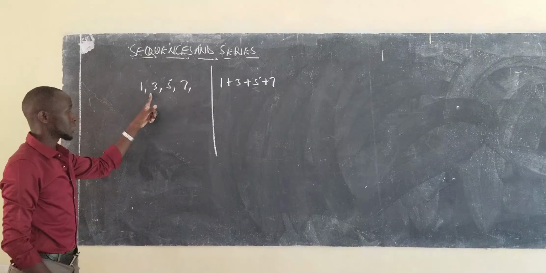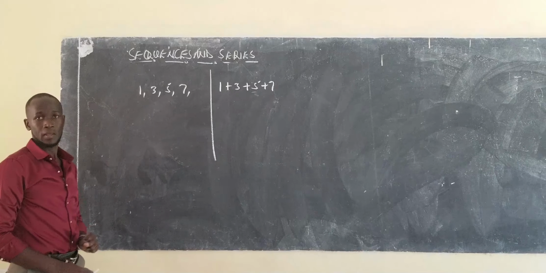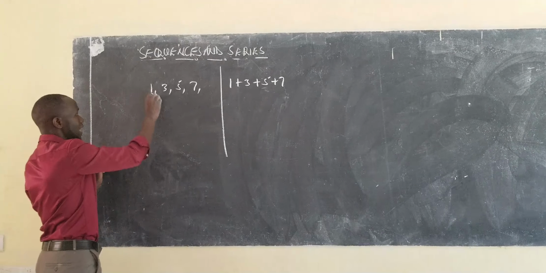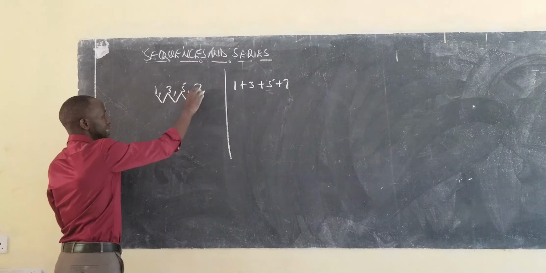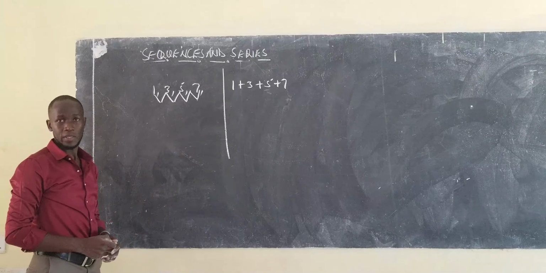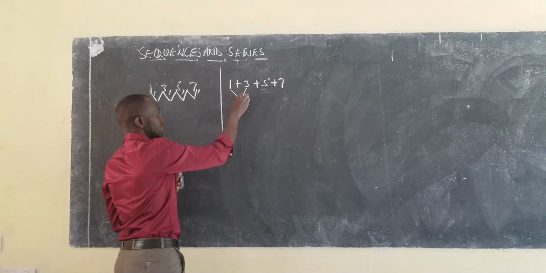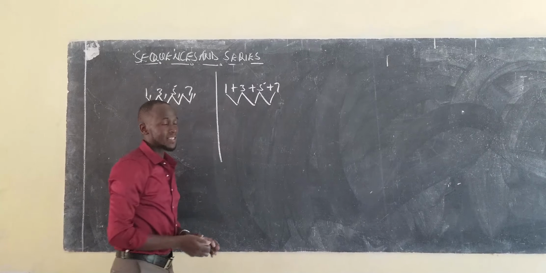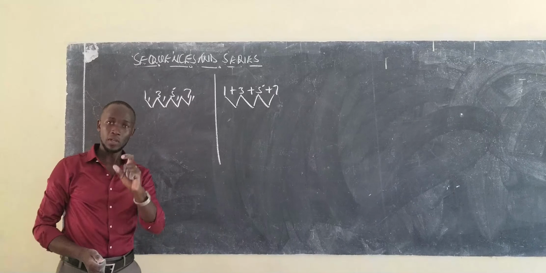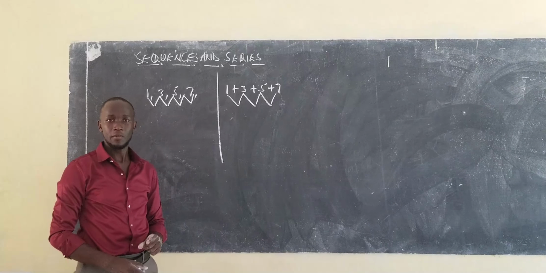This one is a sequencing. And in this sense, since it has a common difference, it is an arithmetic sequencing. This one is a series. And since it has a common difference, it is called an arithmetic series.